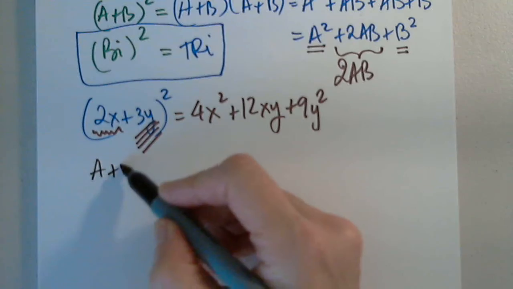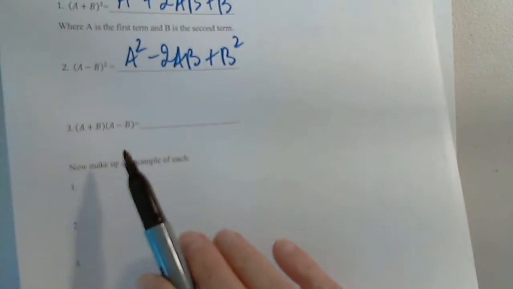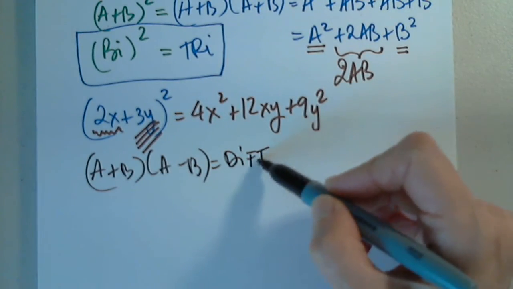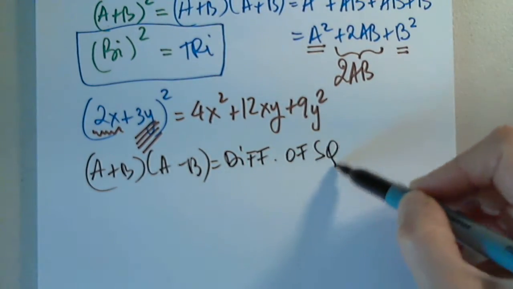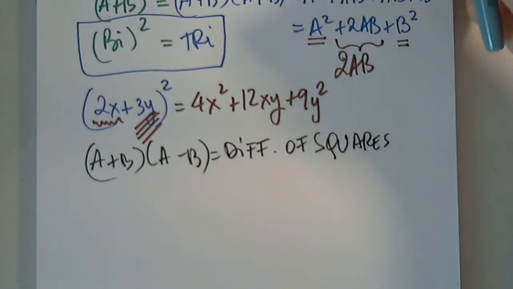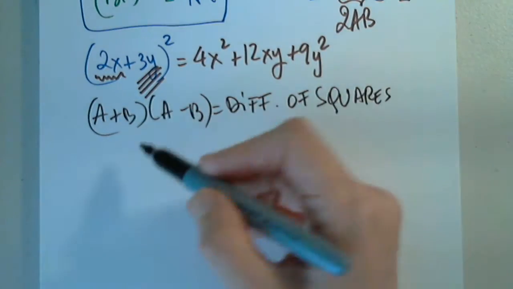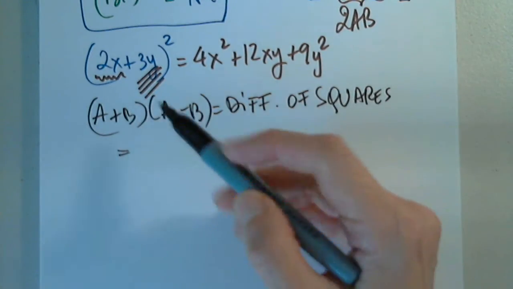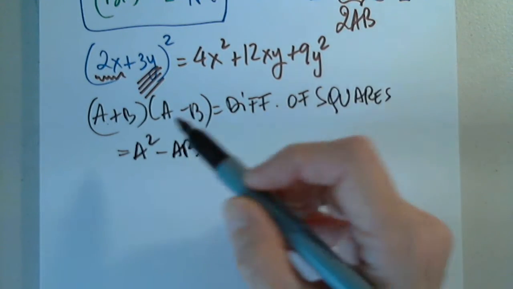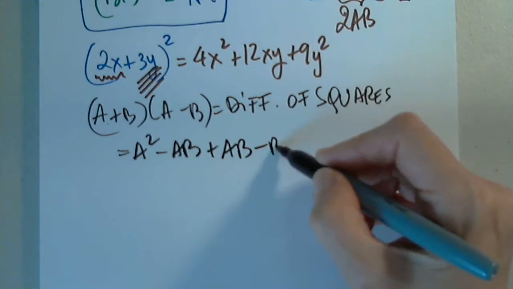Okay, then this is another very important special product, this one. And it's called the difference of squares. So the difference of squares is, let's FOIL it just the last time, I hope, A squared minus AB plus AB and minus B squared.